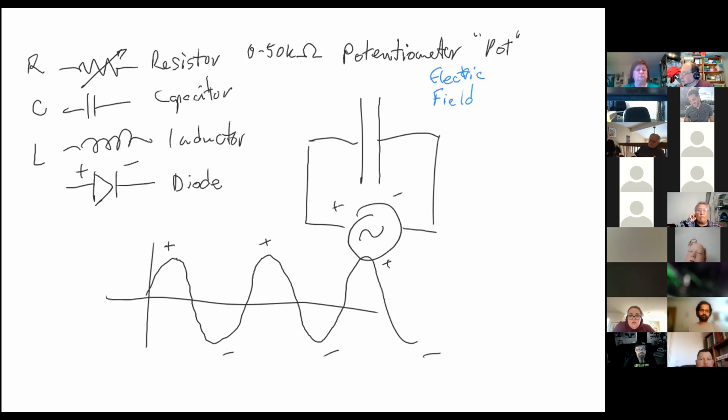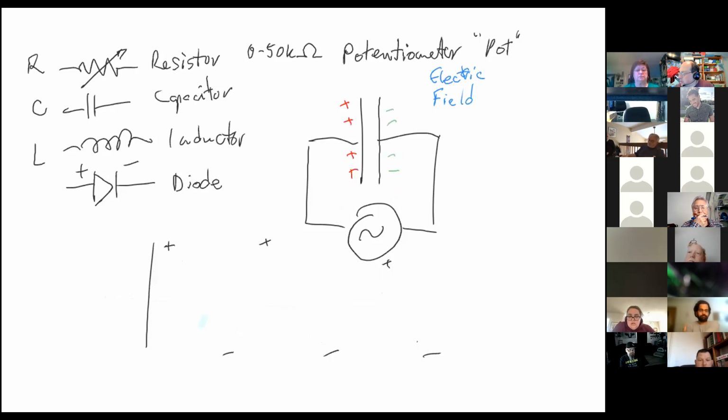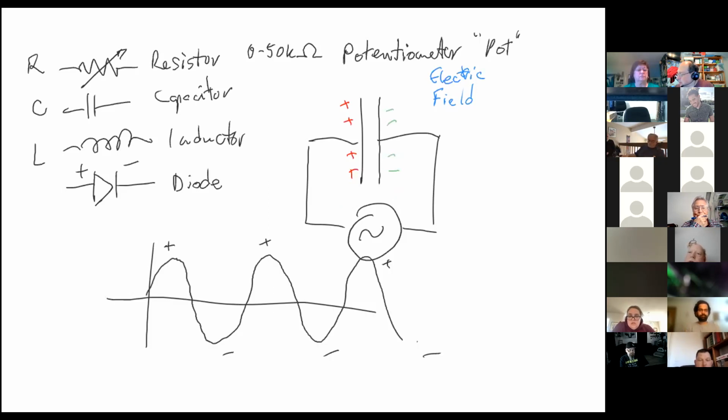So what will happen when the plus comes up is that I get pluses over here and minuses over here. Now, if this were hooked up to a plain old battery, it would just charge up and stay there forever. But now we're into this section down here. During this time, the plus and the minus on the battery swap.